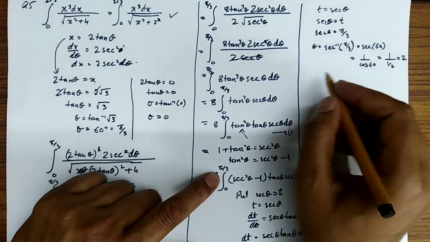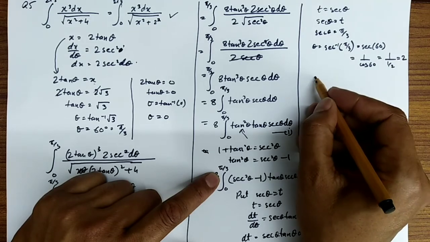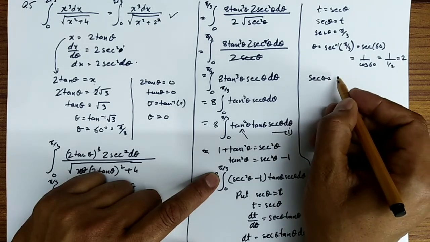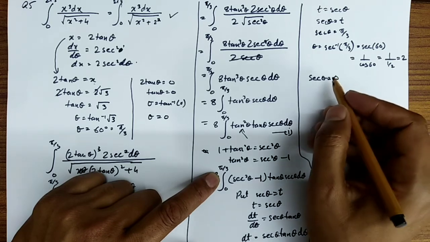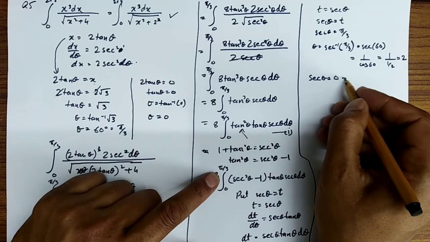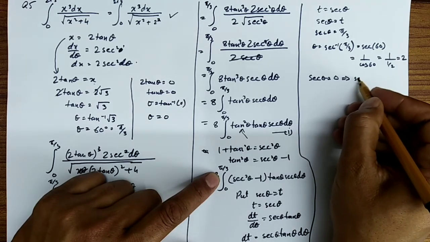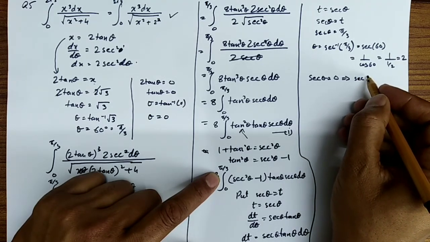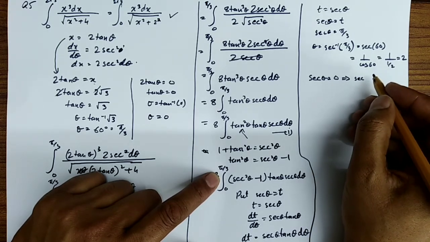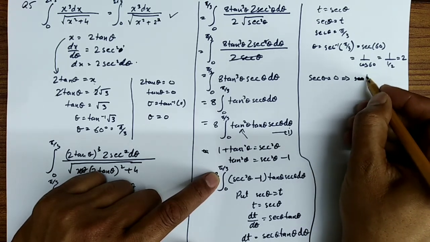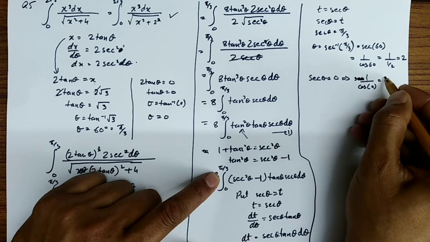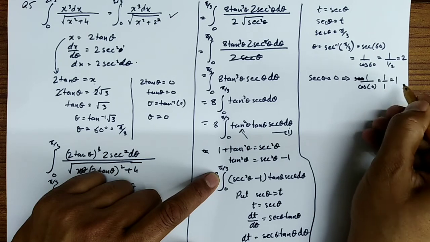So this is the upper limit. Similarly, the lower limit theta is 0, sec of 0, that is 1 upon cos of 0, which is 1 upon 1, that is 1.